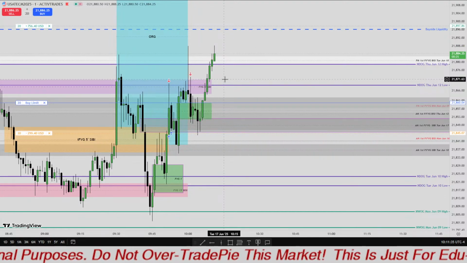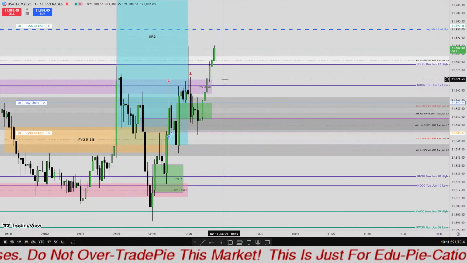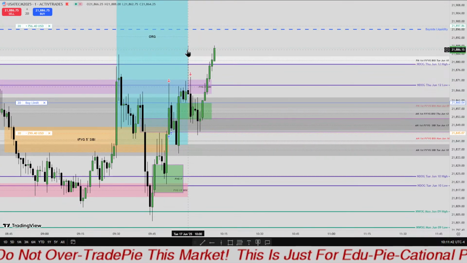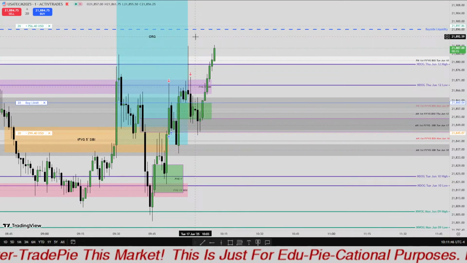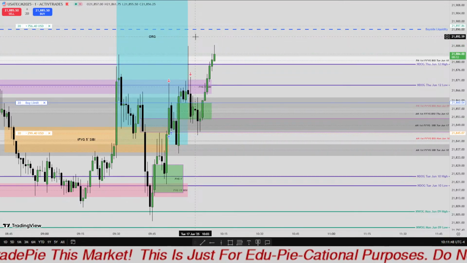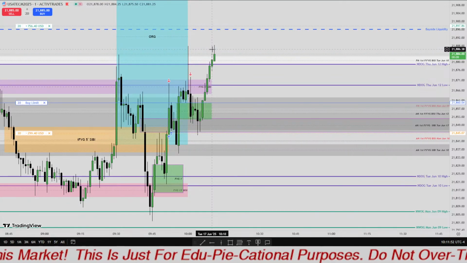Still the market is going higher and cleared the buy side liquidity above this candle at 10 o'clock. So the next objective would be the consequent encroachment of the open range gap as well as the buy side liquidity.